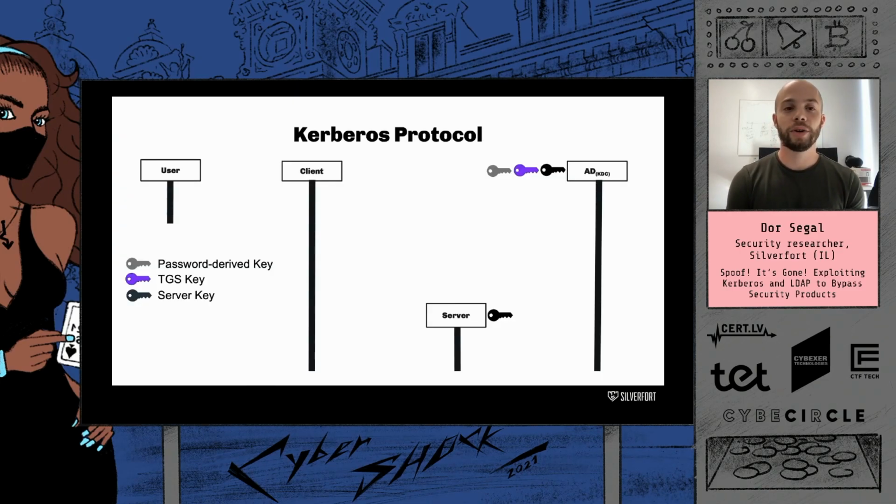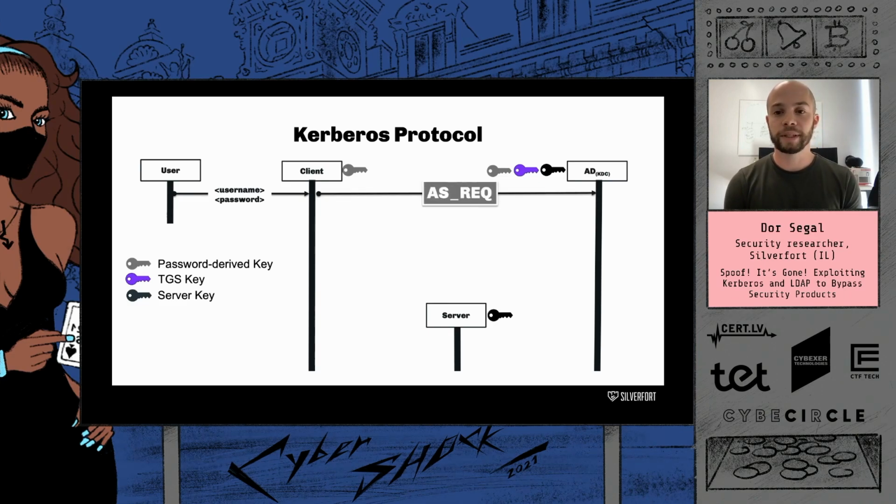Now I will be showing you how a typical Kerberos authentication works, so we can understand better later on the vulnerability itself. In a case when a user enters its username and password, the client computes a password-derived key. This helps us to sign the authentication service request to the authentication service on the domain controller.